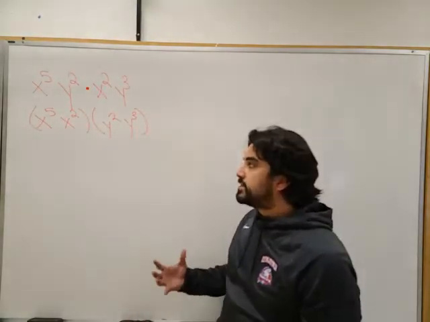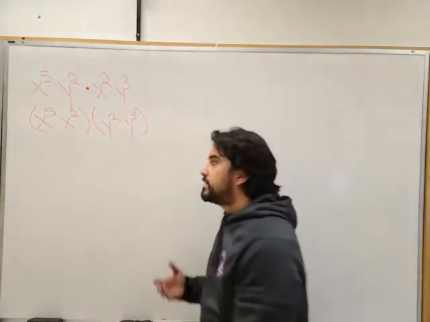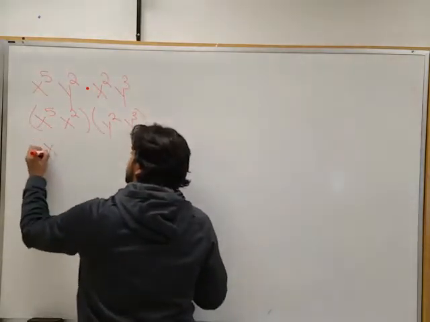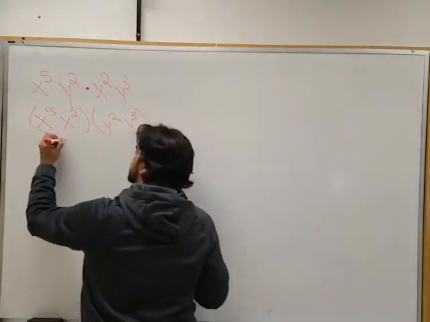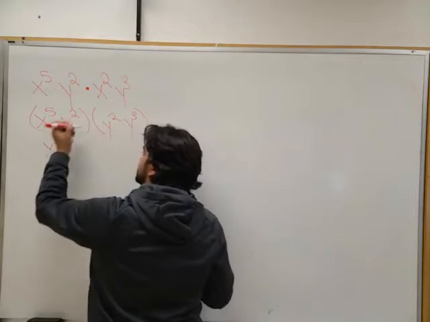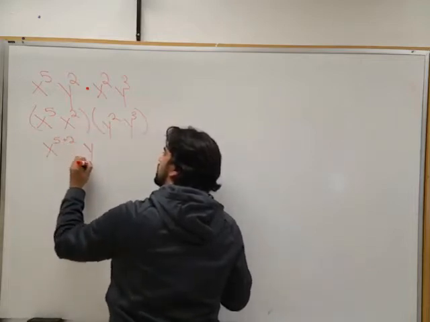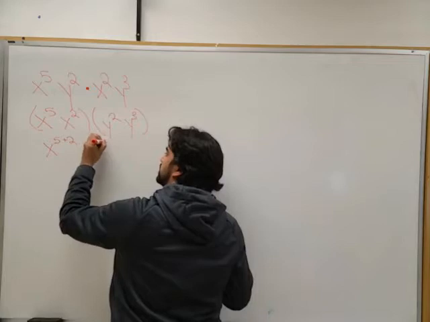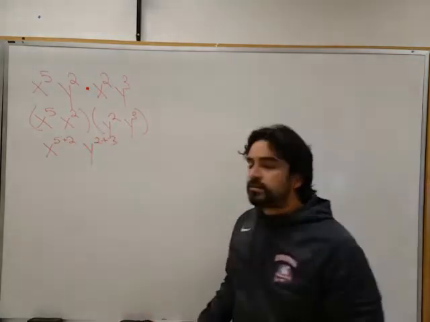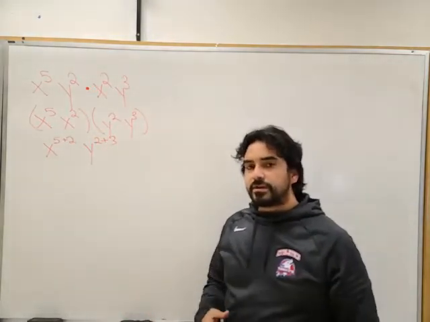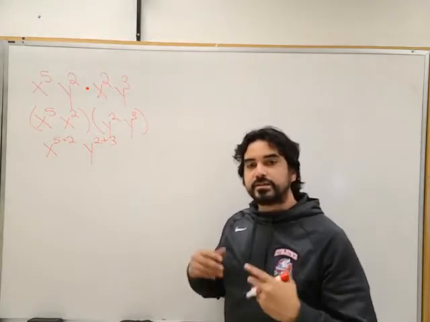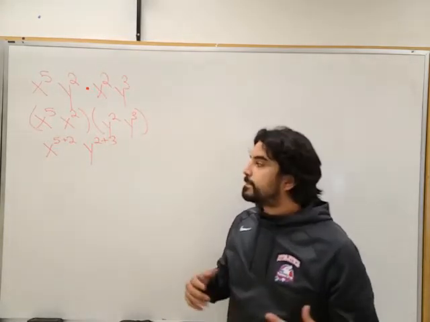From here, since the bases are the same and we're multiplying, what I could say is x to the power of 5 plus 2. And right here I have y to the power of 2 plus 3. So remember, the product of a power, if you're multiplying the like bases, we're going to add the exponents.